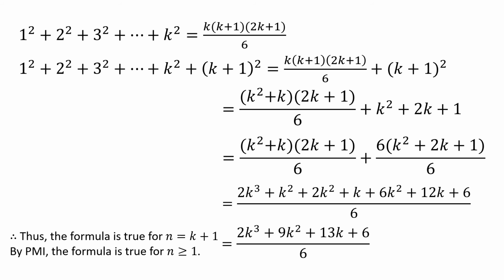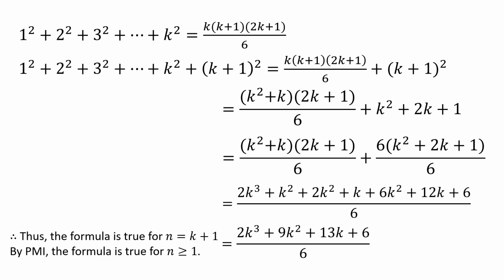Okay, now we have here 1 squared plus 2 squared plus 3 squared plus up to k squared equals the quantity k times the quantity k plus 1 times the quantity 2k plus 1 over 6. So, this is by the given second conditions ng aton nga principle of mathematical induction.